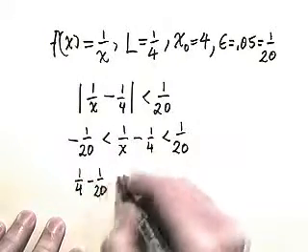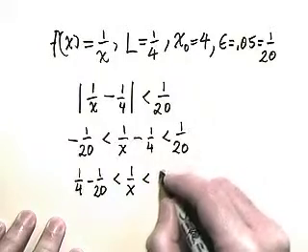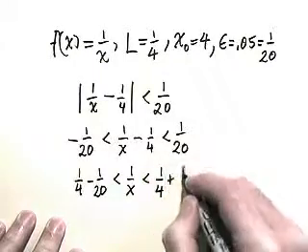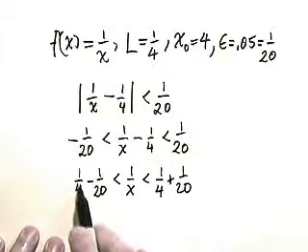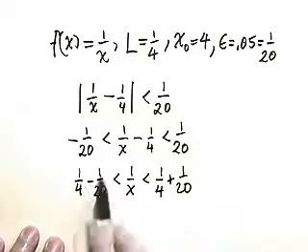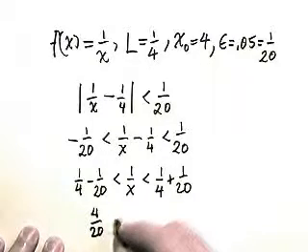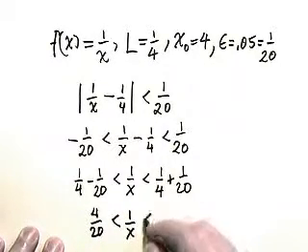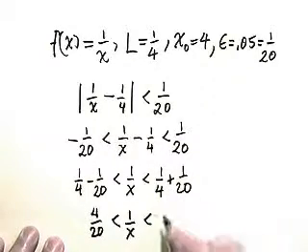Now 1/4 is 5/20, so 5/20 minus 1/20 is 4/20. So we have 4/20 less than 1 over x less than 5/20 plus 1/20 is 6/20. Well, 4/20 is clearly 1/5, and 6/20, we can cancel 2's, is 3/10.